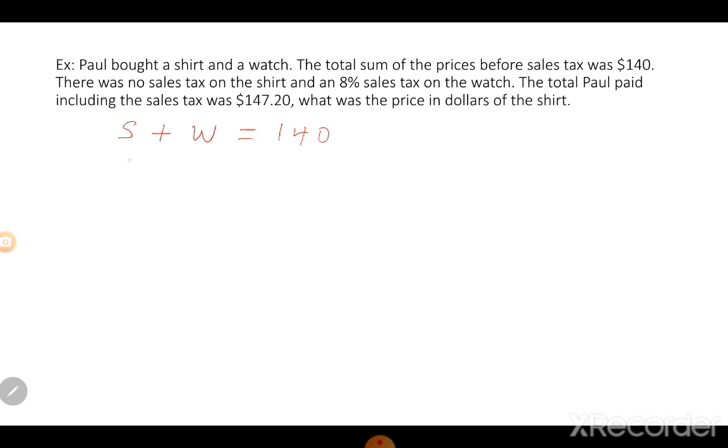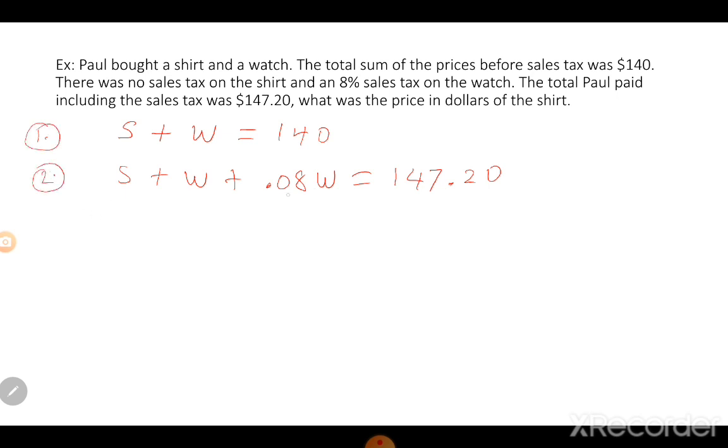But with tax, the price of the shirt plus the price of the watch plus 0.08 of the watch is $147.20. So here we could easily subtract the first equation from the second equation.